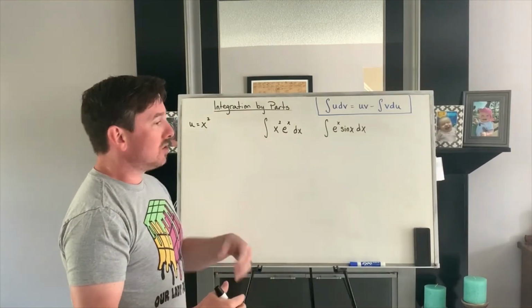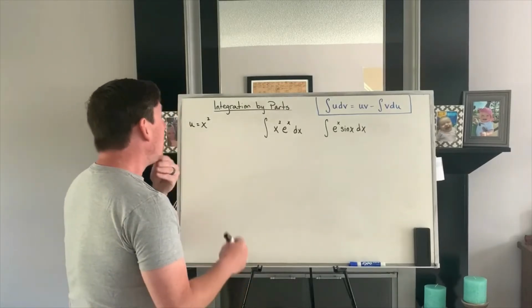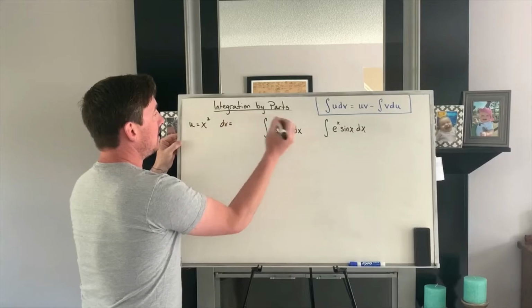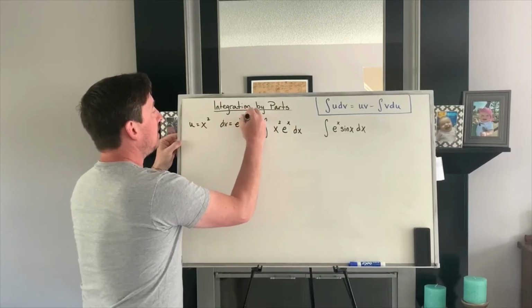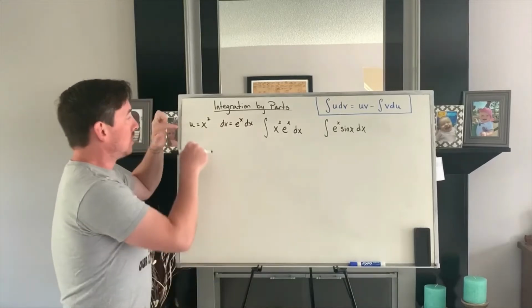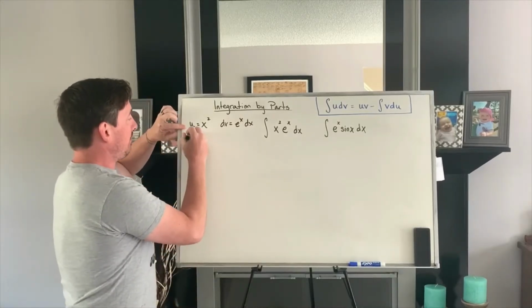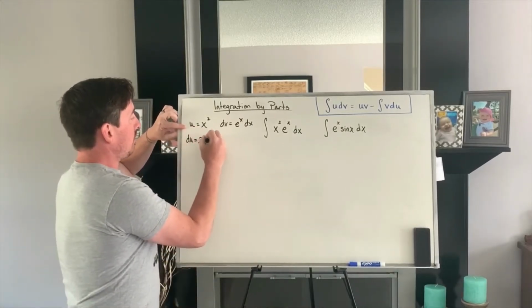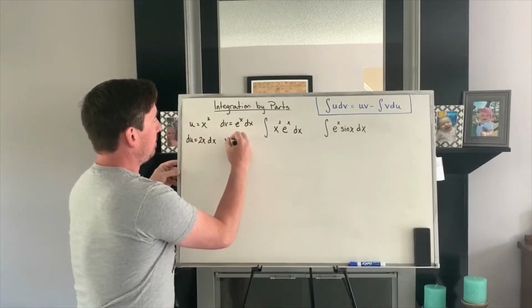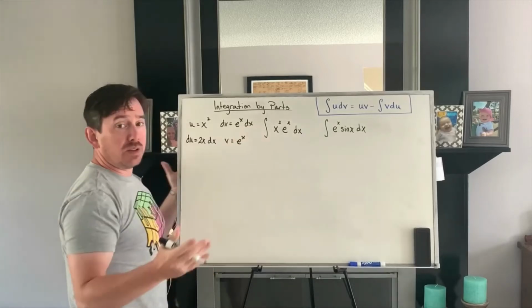The e to the x thing just stays e to the x forever. So u has to be this thing, which means dv is e to the x. Remember that the dx always goes on the dv part, and now we're just going to differentiate this and integrate this, and then we have everything that we need.